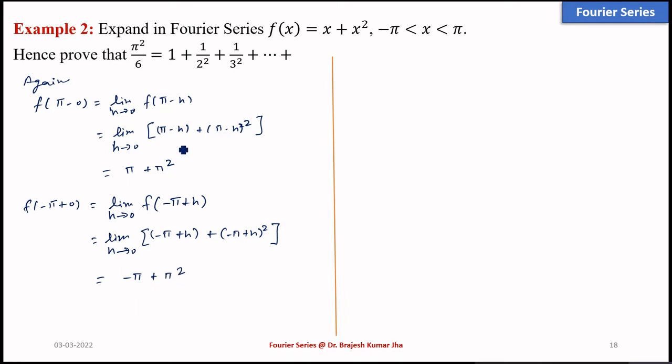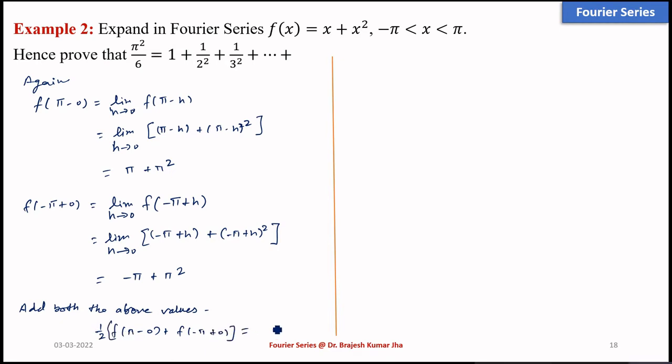So in that case, by adding these two, both the above values or series, what we get is 1 by 2 of f of pi minus 0 plus f of minus pi plus 0.